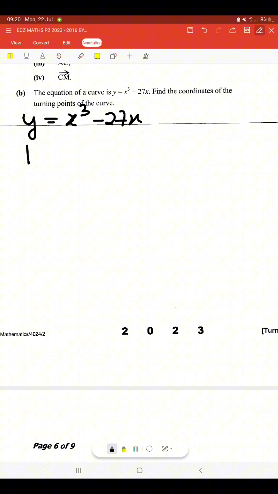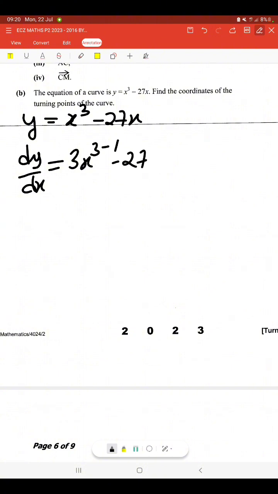So to differentiate this one, we're going to say dy/dx will be equal to, we multiply the power and the coefficient, so 3 times 1 is 3x, then we subtract 1 from the power, minus 27x, there's already power 1, minus 1.